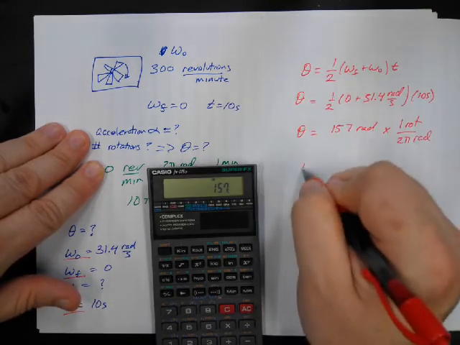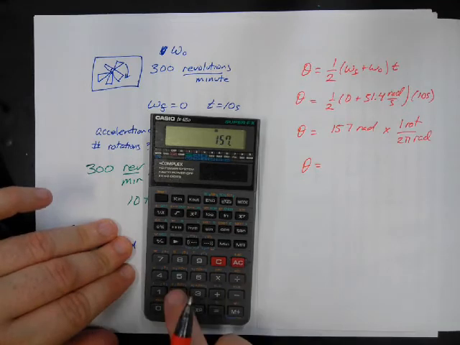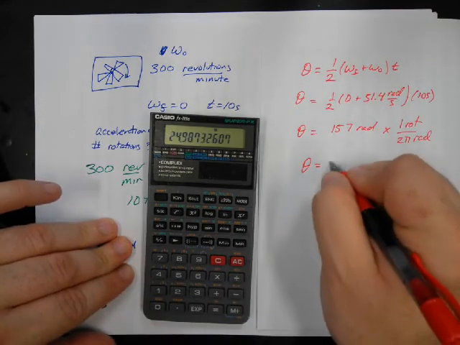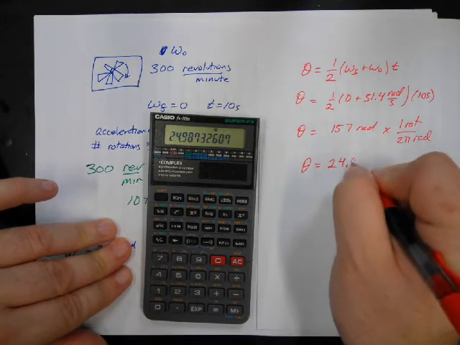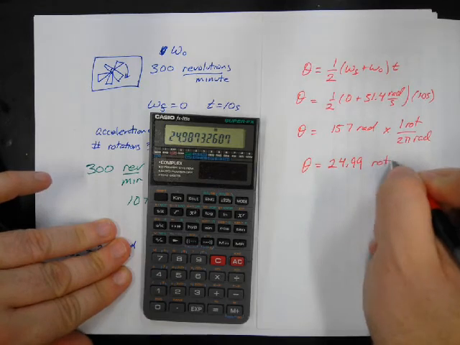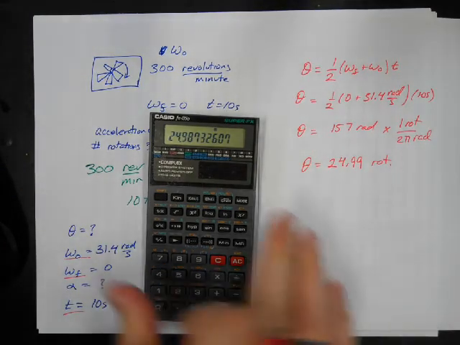So we divide by 2 and divide by pi, and we get 24.99 rotations, about 25 rotations. There's obviously rounding going on because I used pi.